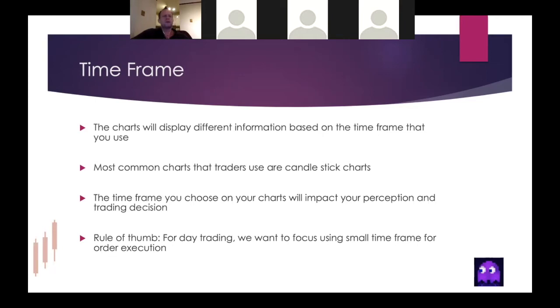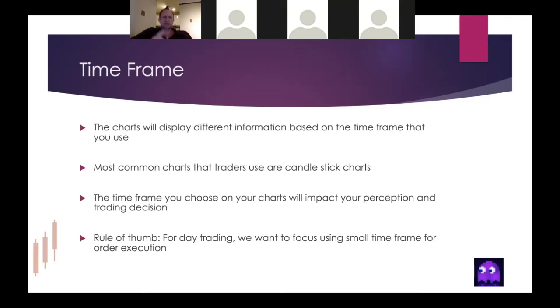This is a good point because oftentimes people ask me, what do you use when you trade? And the answer to that is that it depends. In general, you want to choose 3. You want to choose a long-term period to get a sense of the overall market direction.